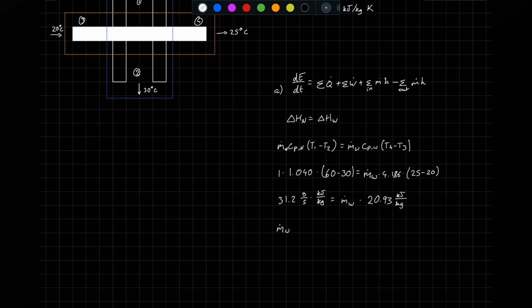So that means that MW is equal to 31.2 over 20.93, which is 1.49 grams per second.